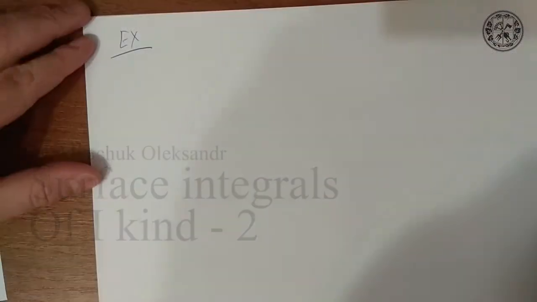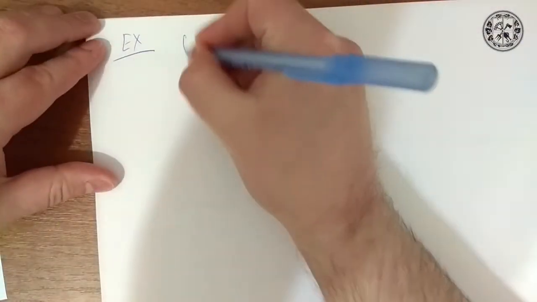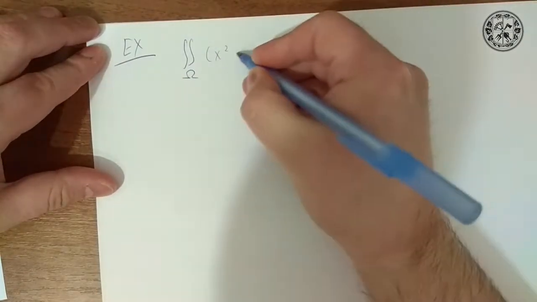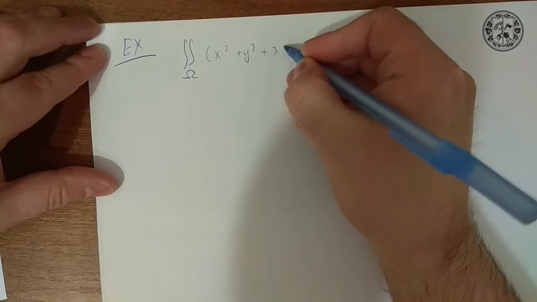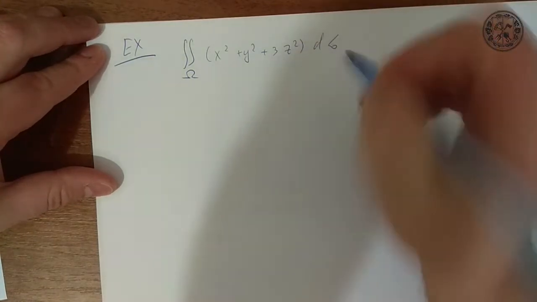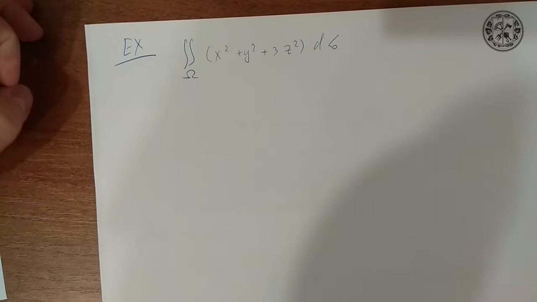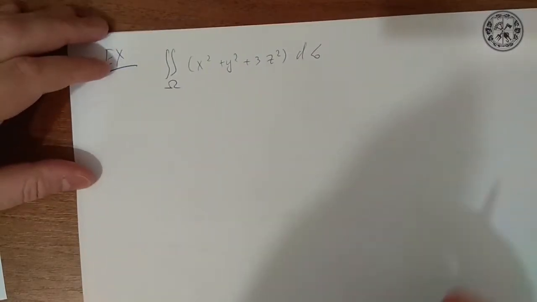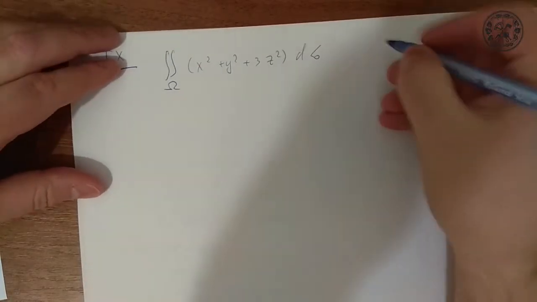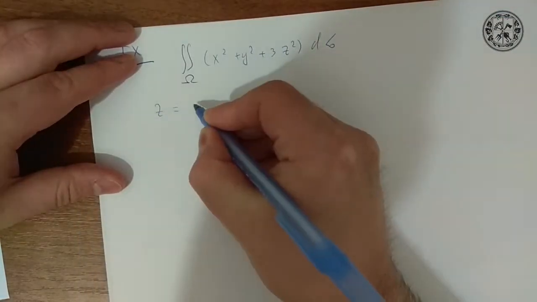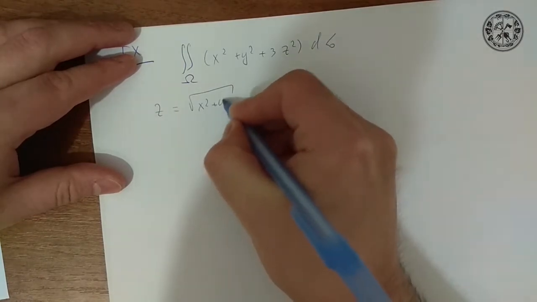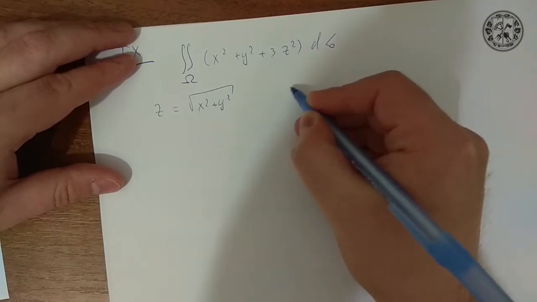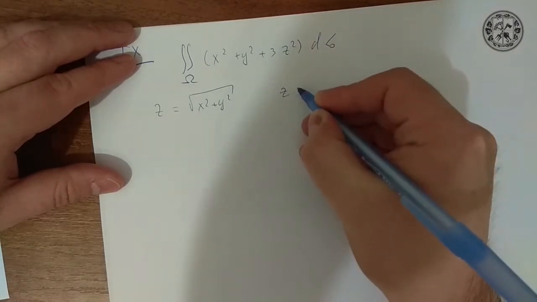Let's consider an example. Let us have the surface integral of the first kind of x squared plus y squared plus 3z squared d sigma, and we have to calculate this integral over the surface of a cone, which is specified by the equation z equals square root of x squared plus y squared, and it is cut by the plane z equals 1.